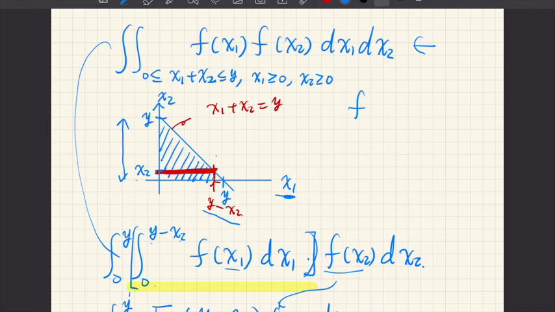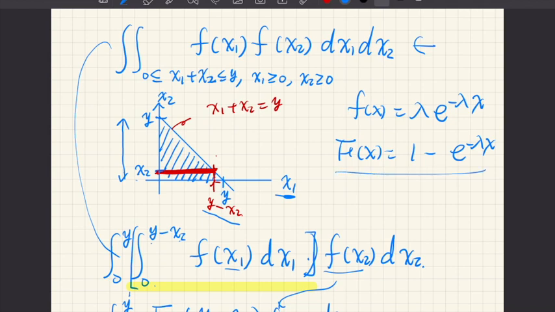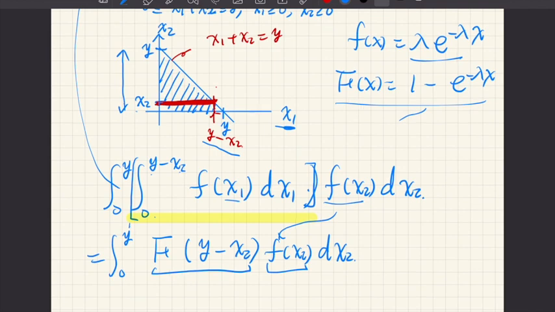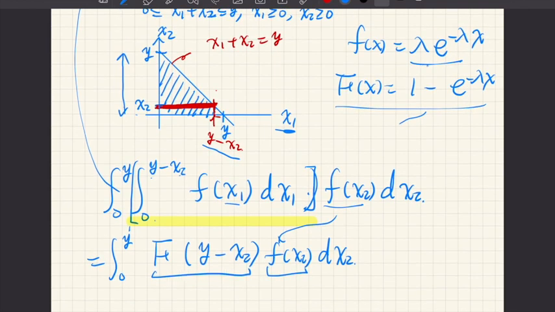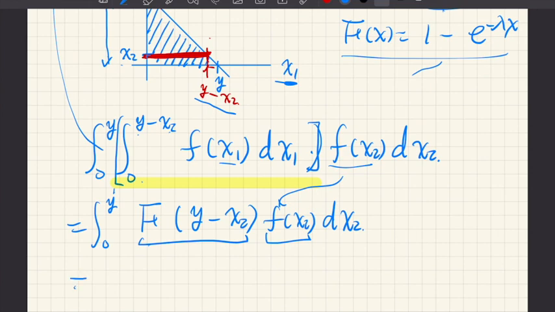And since the density function is this, it's an exponential distribution, so the cumulative distribution function is 1 minus exponential of minus lambda x. So this comes here. And the density function comes here. So just substitute these functions into here and here.